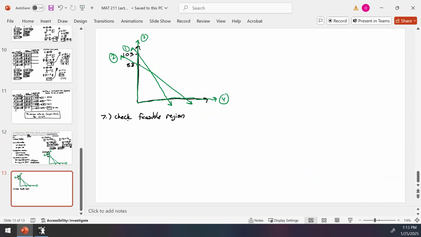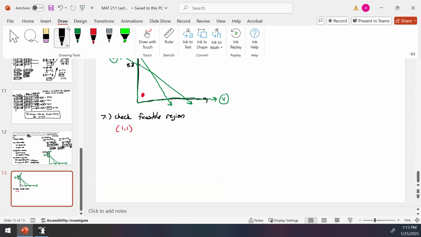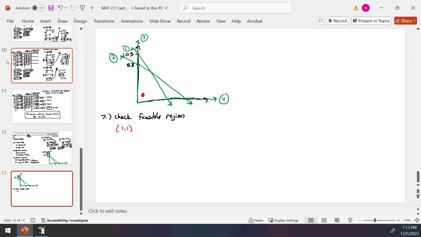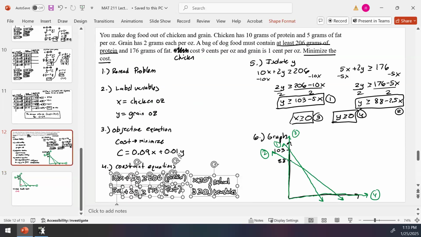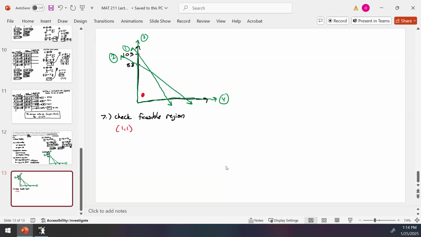Like I said, my first instinct, not knowing what's going on, is to pick a point right here. And the easiest point here would be 1, 1. So 1, 1, right? I mean, technically you could do 0, 0, but I'm going to do 1, 1 just to be safe. And so I take my constraint equations, which I'll just copy over here since they were not given to me.